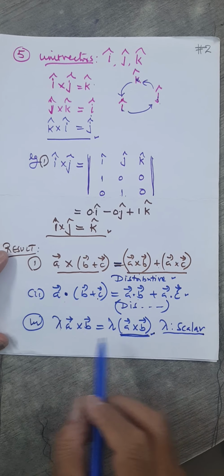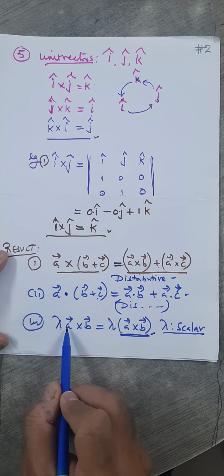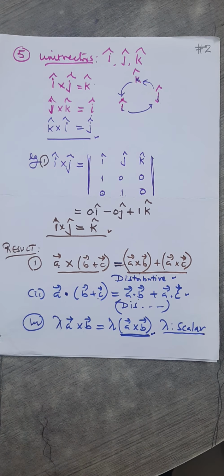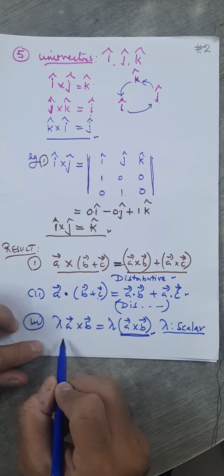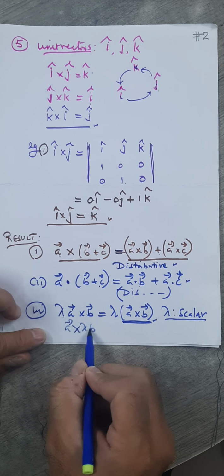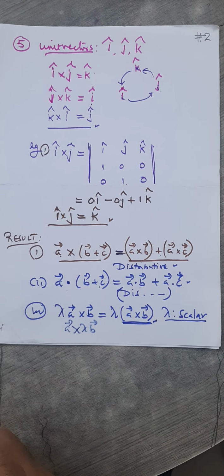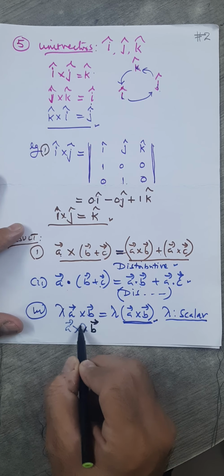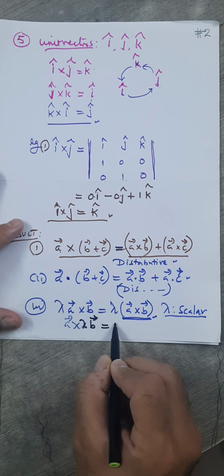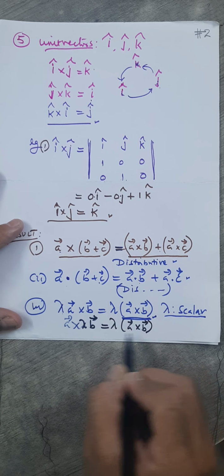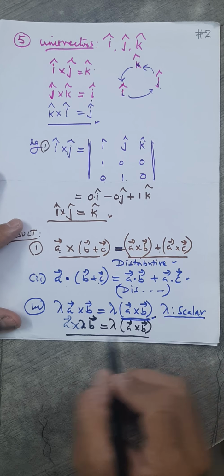Lambda is a scalar. If lambda is common even in the first vector, you can still take that scalar outside. Even if I have like this, for example, vector A cross scalar times vector B, suppose I have like this, still I can take the lambda outside. You can see lambda is common with the second one only. So I can take lambda outside: lambda times vector A cross vector B, where lambda is a scalar.